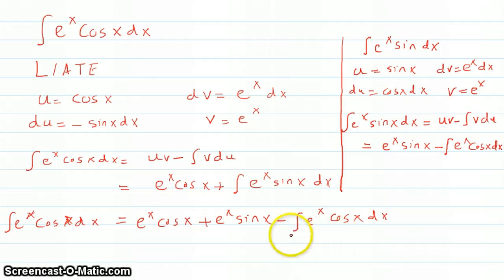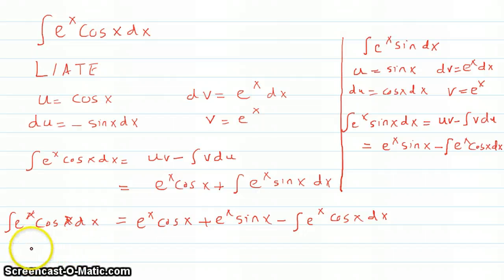If I move this term to the left hand side, I get 2 times the integral of e to the x cosine x dx equals e to the x cosine x plus e to the x sine x.